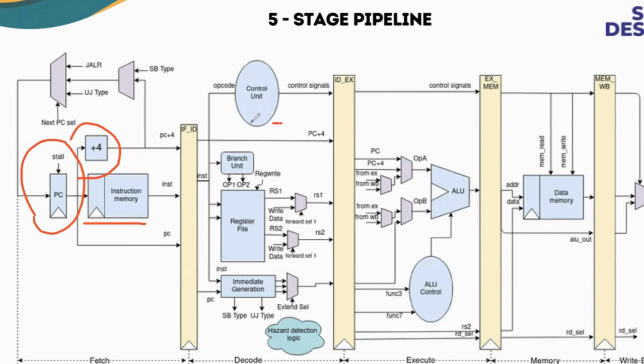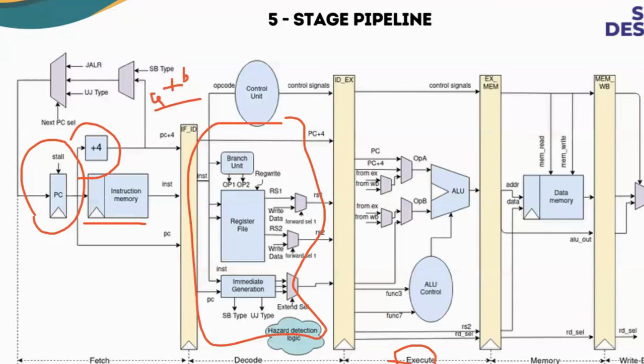In the decode stage, normally we have one decode block, right? So from the internal microarchitecture, this is the decode stage. After decoding that particular instruction, decoding in the sense that you write something like A plus B, that A plus B will be converted into that particular instruction and then sent to the execution stage.